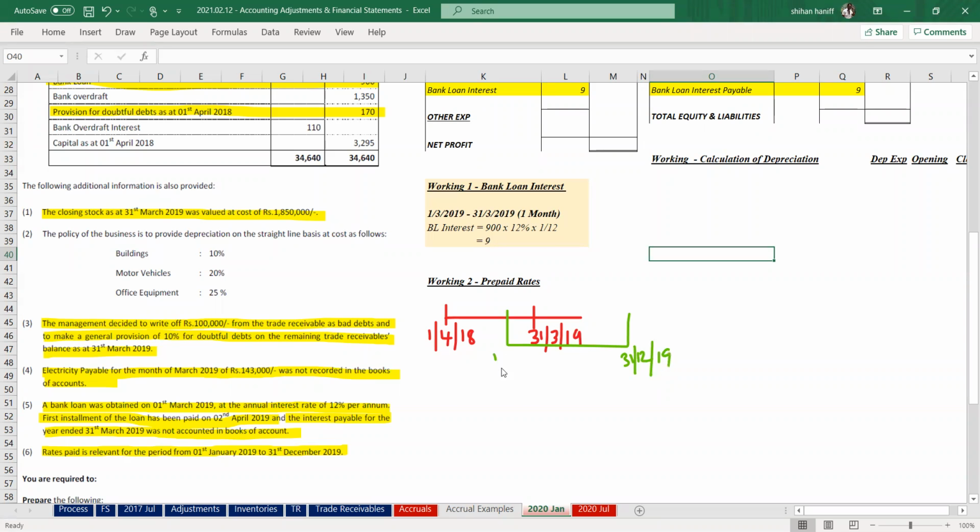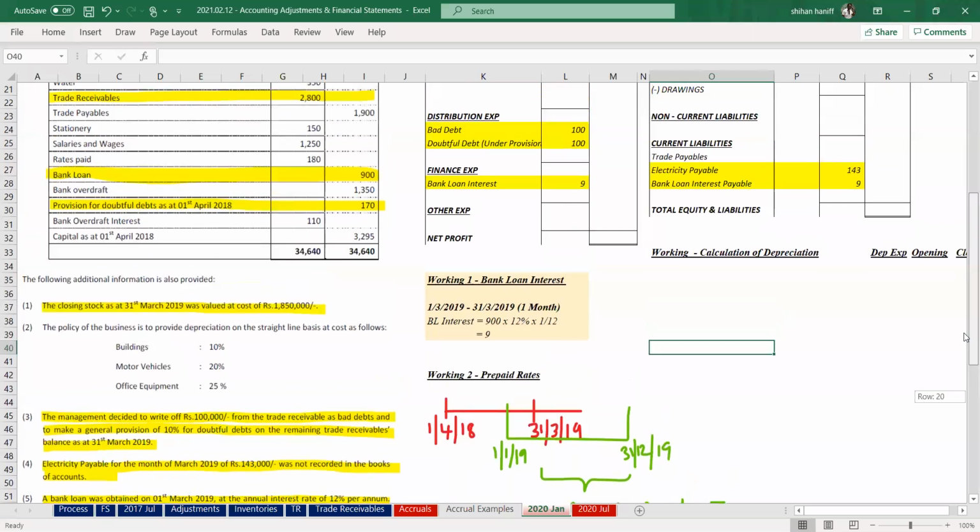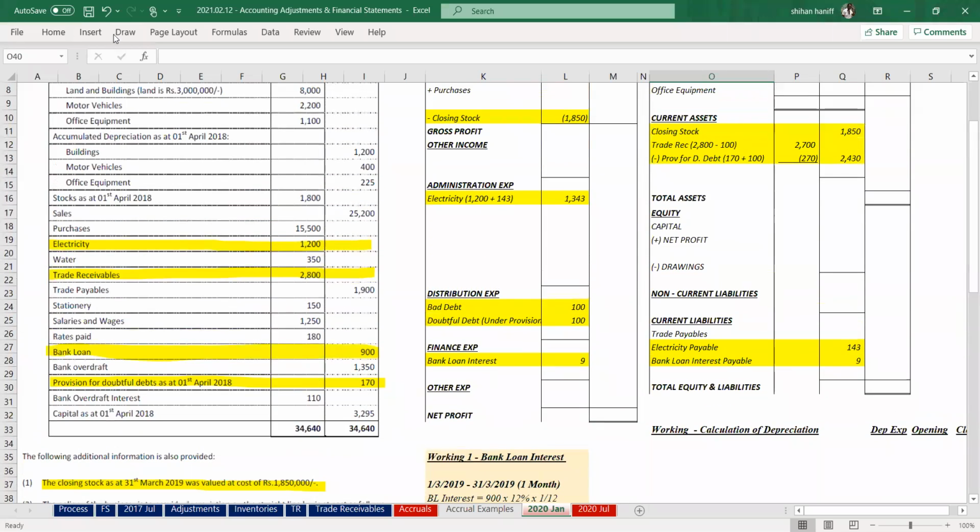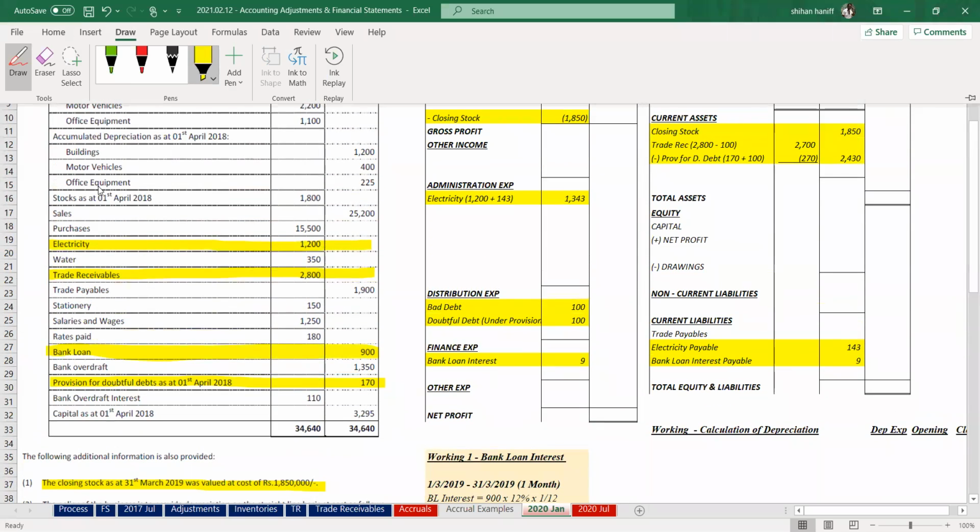From 1st of January 2019. Therefore, 9 months prepaid. So how much is the prepayment? Total amount we take from the trial balance.